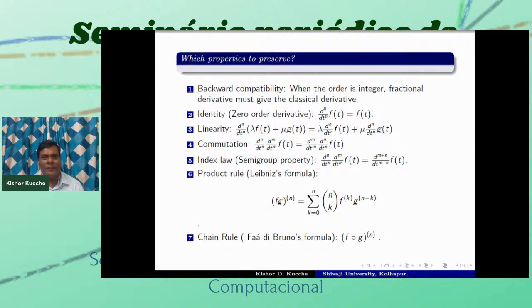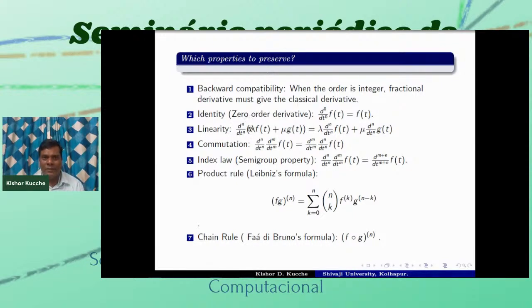Now, whenever a new derivative is defined, it is generally expected that the fractional derivative must satisfy the properties which the classical derivative bears. The first property is backward compatibility. Whenever a fractional derivative is defined, if the real order is replaced by an integer order, it must give the classical derivative. Zeroth order derivative must give the function as it is.